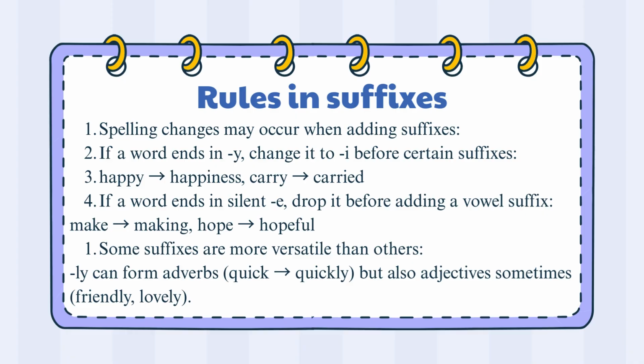Now, the next thing you need to know is if a word ends in a silent E, drop the E before adding a vowel suffix. Example: make, making; hope, hopeful. So you can see that here, in make, the E disappeared and we added ING.